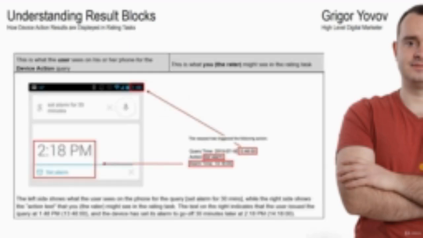And how are device action results displayed in rating tasks? You can see that this is what the user sees on his or her phone for the device action query. This is what you, in this case, by you they mean the rater, may see in the rating task.